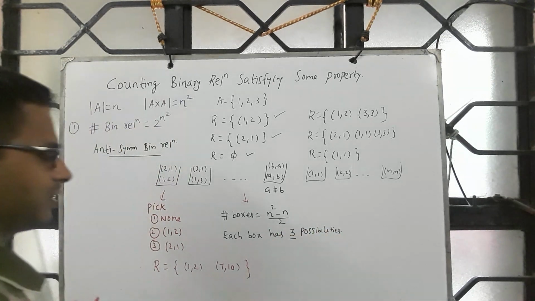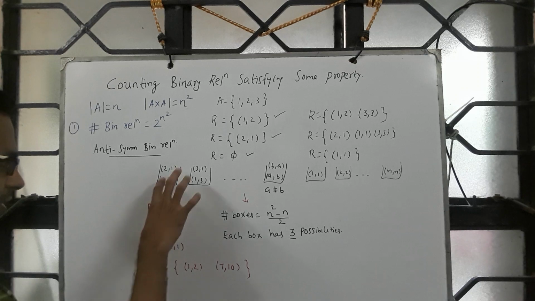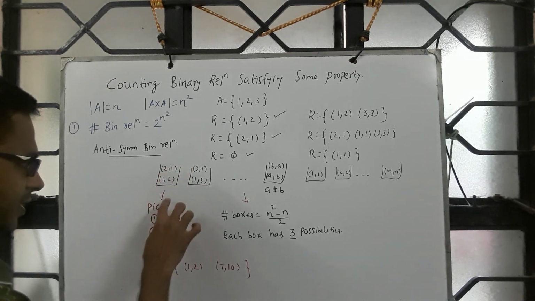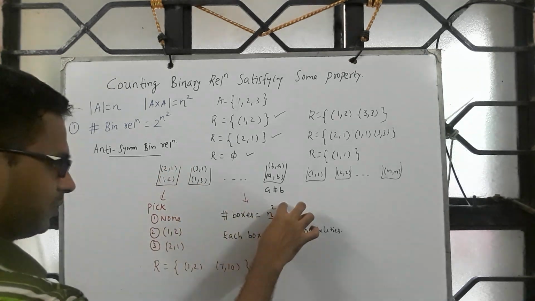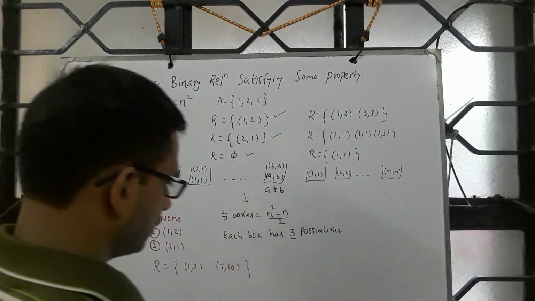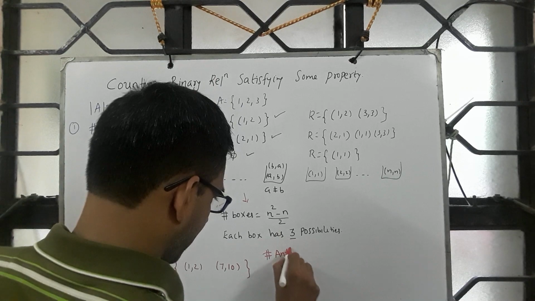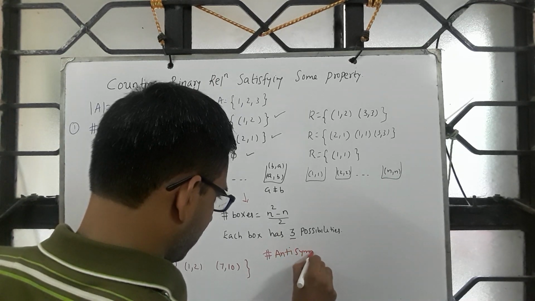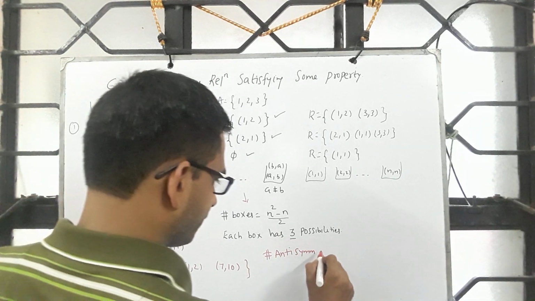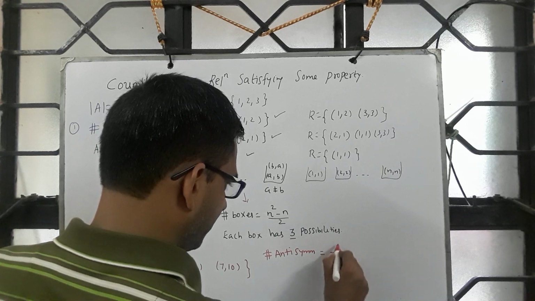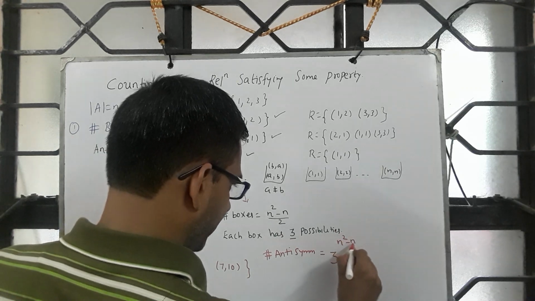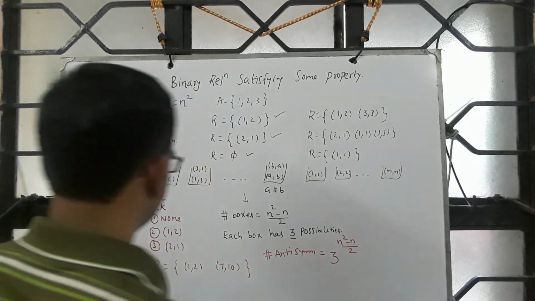Correct? So which means from this you have 3 into 3 into 3, so on up to this many. So number of antisymmetric relations is 3 power (n square minus n) by 2.